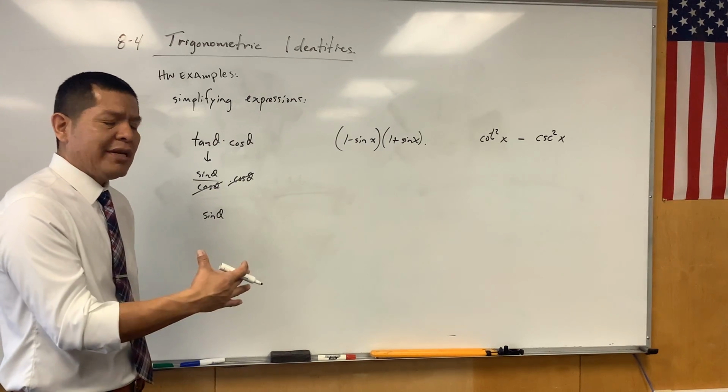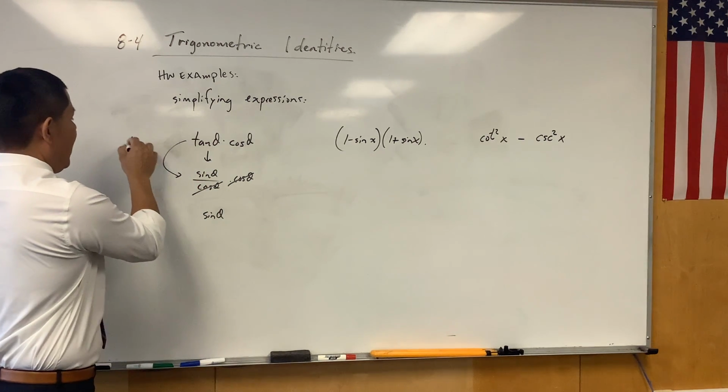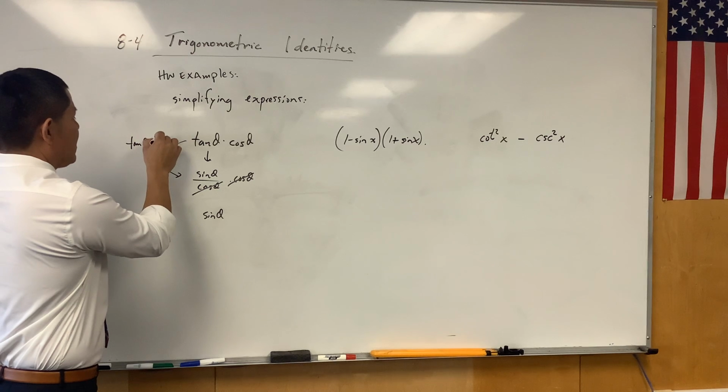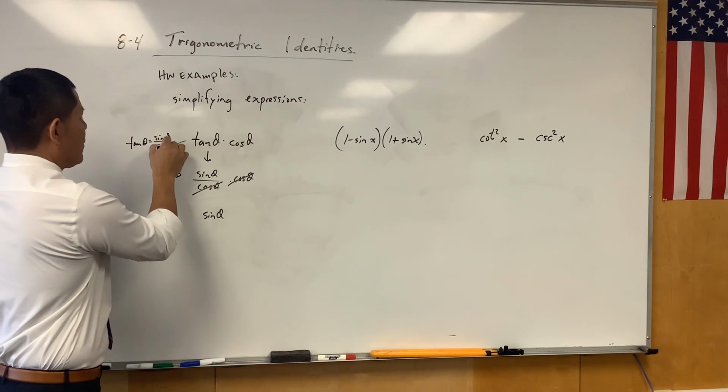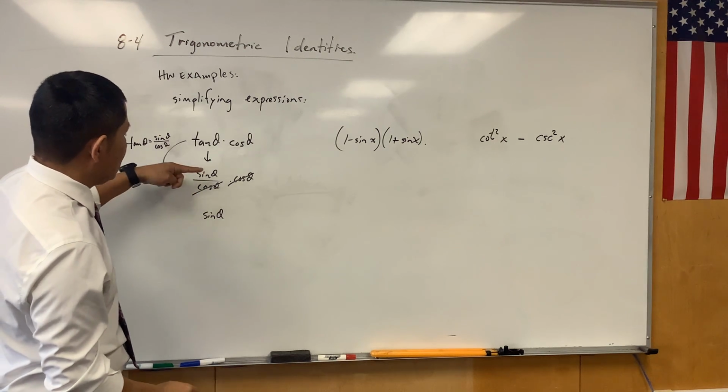So all we're doing is using a trig identity, right? This is the tangent, theta is equal to sine over cosine, right? Once you do that, you substitute, right?